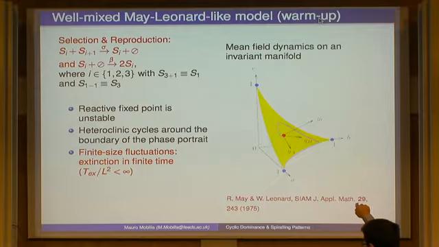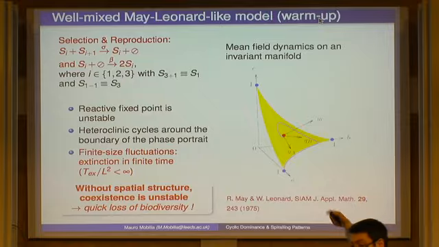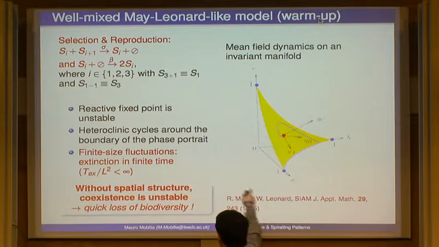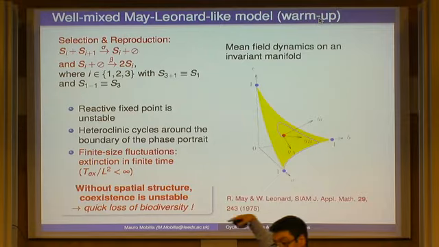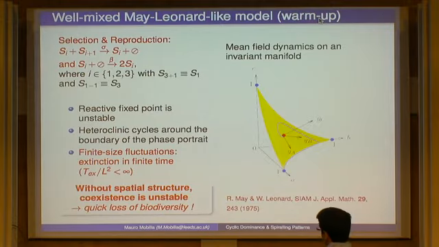So you start somewhere, and you approach the edges of your phase portrait, but you never reach them. Basically, you are approaching a system where there is almost only one of each species, and you spend a long time there, and then this goes to zero, and another species seems to take over, and then goes down to zero, and another one, and so on.